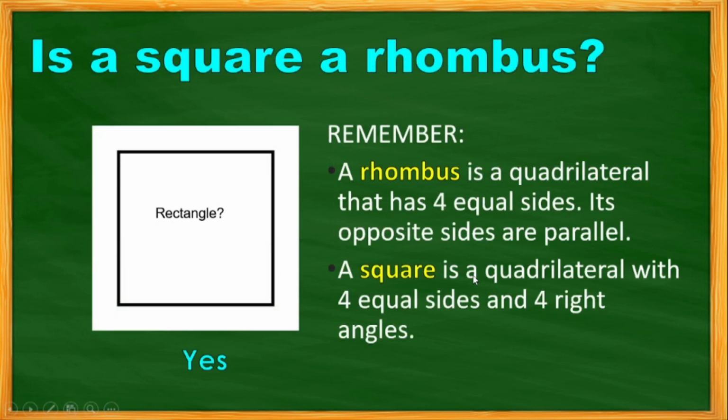We can say that a square is a rhombus because it is a quadrilateral with 4 equal sides, by the definition, and the opposite sides are parallel. So the opposite sides of the square are parallel.